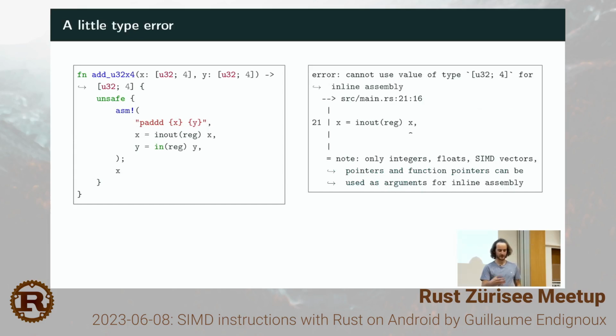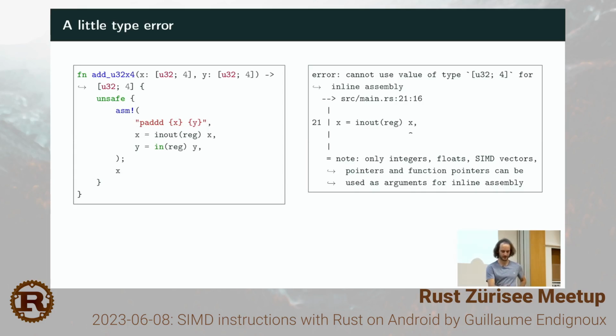And this is where you start kind of fighting the Rust compiler here in terms of syntax for the assembly. So here the first error you encounter is that you cannot directly plug in arbitrary types into the assembly. It says only integers, floats, SIMD vector types or pointers are accepted.